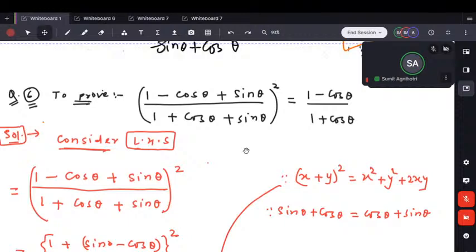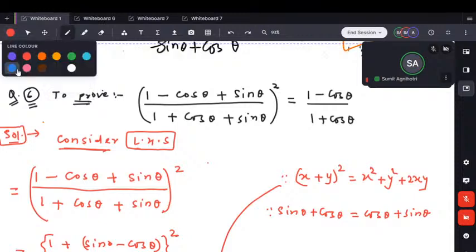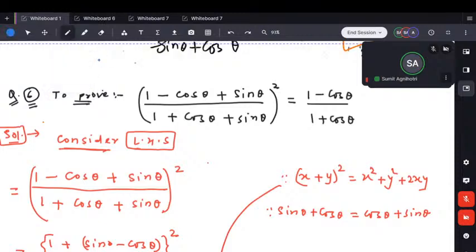One minus cos. There are some formulas that can be used, but for your standard I will not suggest to use that. Actually there are some formulas like 1 minus cos theta and 1 plus cos theta. If we substitute these formulas, it will be very easy to answer. Like this is 2 sin square theta divided by 2. It is 2 cos square theta divided by 2.